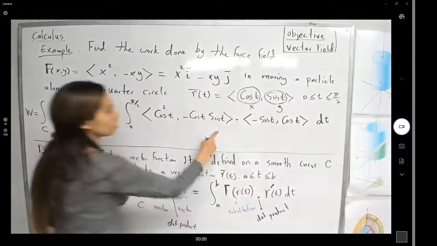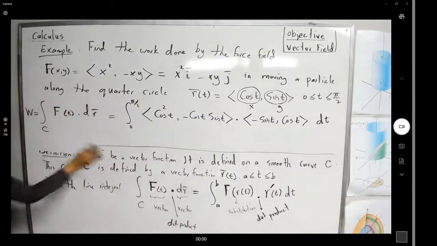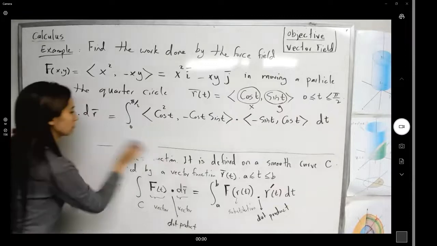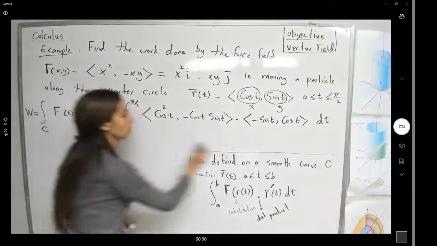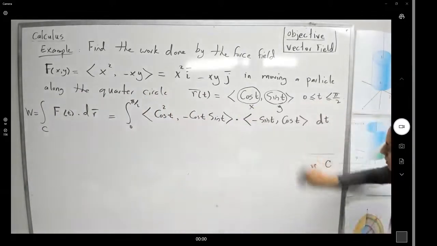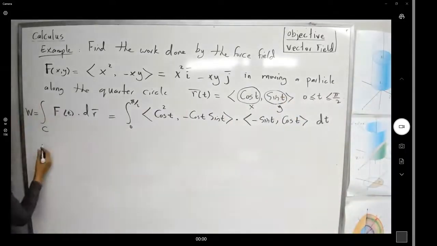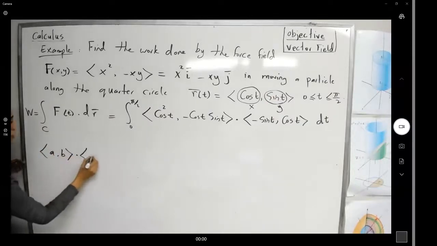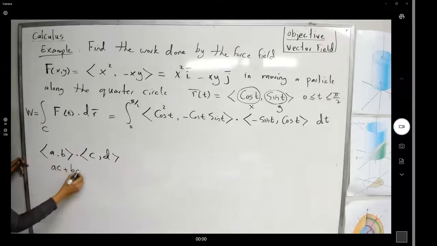Now you have to find the dot product between these two. Remember that the dot product gives you the sum of the product of the first components and the product of the second components. So if you have (A, B) dot (C, D), the dot product between two vectors, you get AC plus BD.